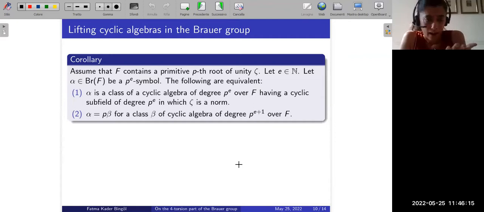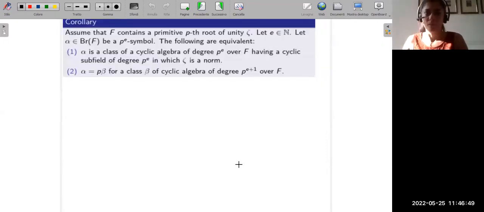Take a class alpha, a p to the power e symbol, then the following are equivalent. One: alpha is a class of a cyclic algebra of degree p to the power e which has a cyclic subfield of degree p to the power e in which zeta is a norm. And this is equivalent to two: alpha is equal to p times beta in the Brauer group for a class beta given by a cyclic algebra of degree p to the power e plus 1.